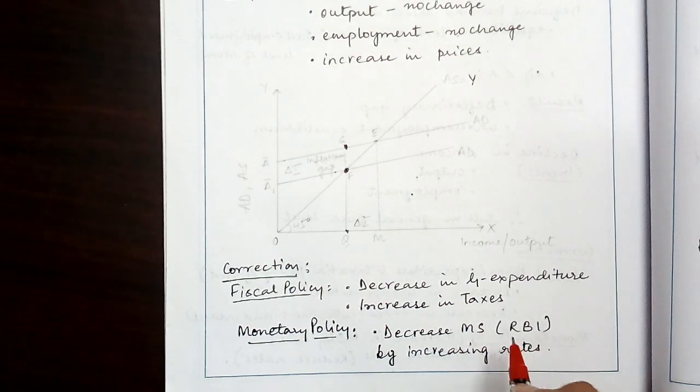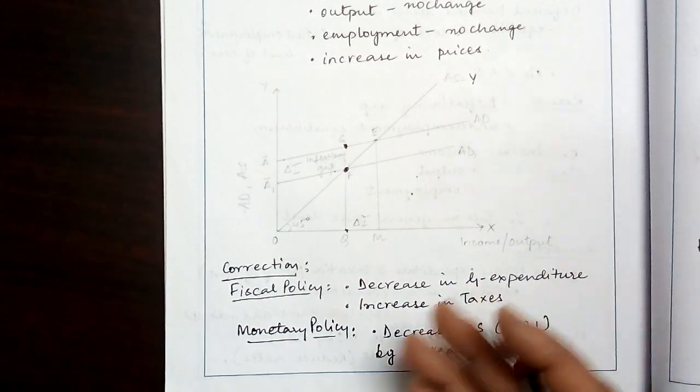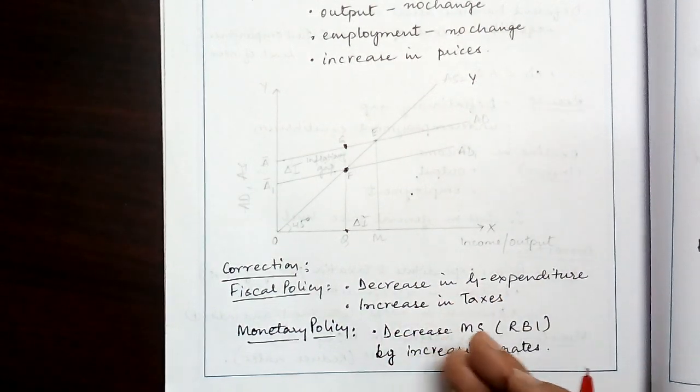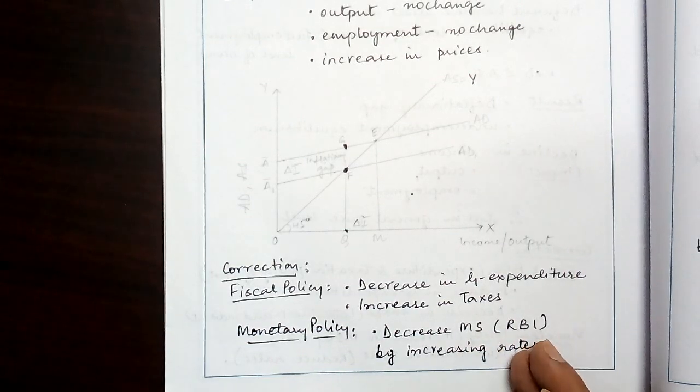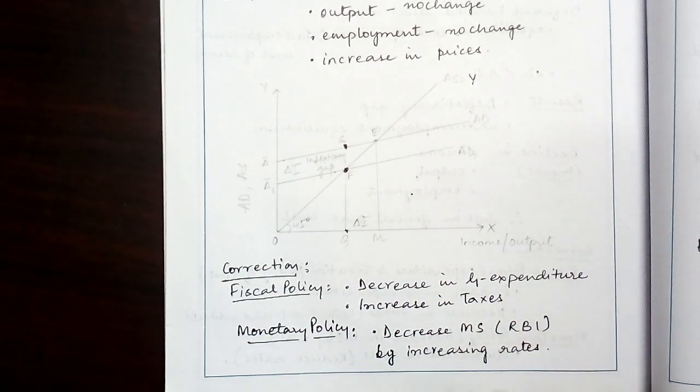The repo rate or the bank rate, open market operations, cash reserve ratio, statutory liquidity ratio, margin requirement. All these were the quantitative tools used by the Reserve Bank of India in order to reduce the money supply in the market.